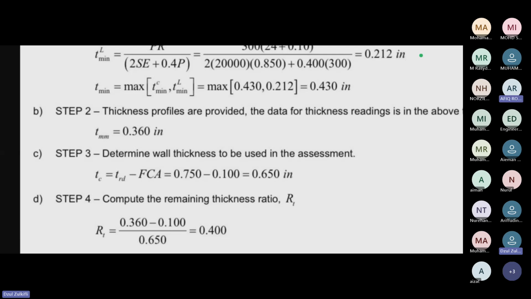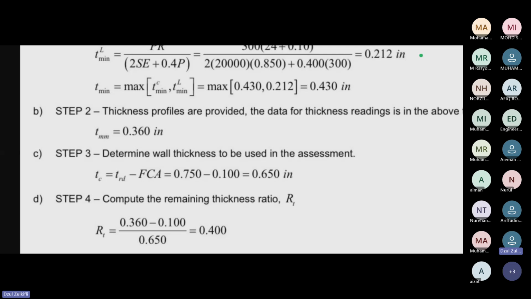So 0.36 is the thinnest, minus the 0.1 FCA, divided by the 0.65 we got above. Essentially it is the worst area divided by the best area, but both minus the FCA. This ratio will play a big role, so keep that in mind.